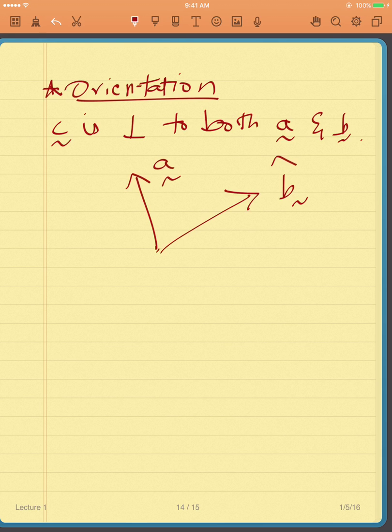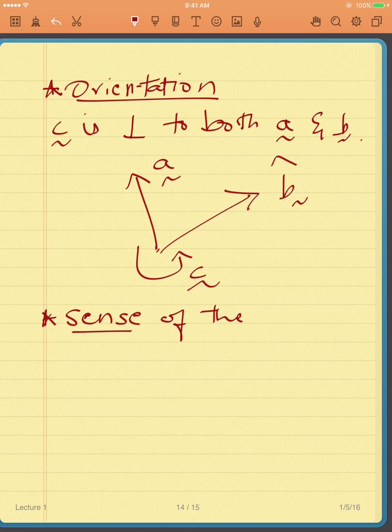In this case, it turns out that it is a counterclockwise vector that points into the plane of the paper. So that third thing becomes the sense. Sense is the right hand rule. Sense of the vector means: is it pointing out or is it pointing into the plane of the paper? The sense of the vector C is given by the right hand rule.